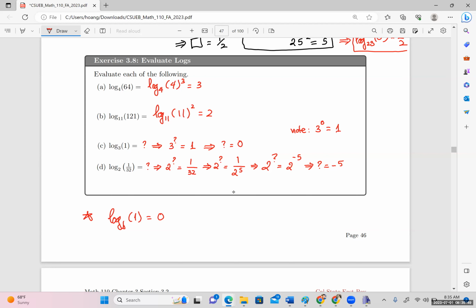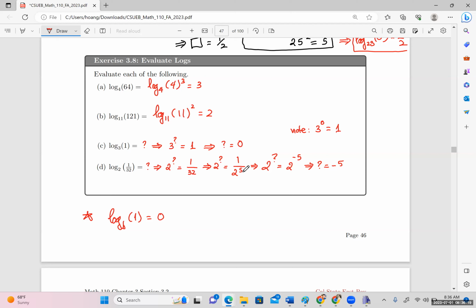Okay, so for the last case, which I'm going to say is a challenge one, you have to remember that I can convert 1/32 to be 1/2 to the power 5, because we know that 2 to the power 5 is 32.